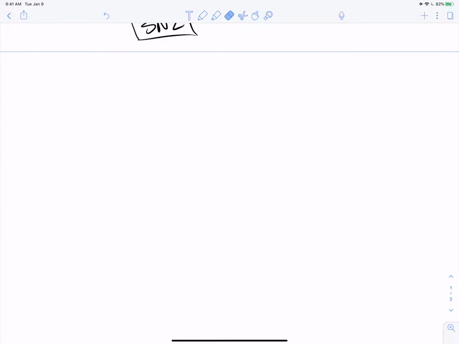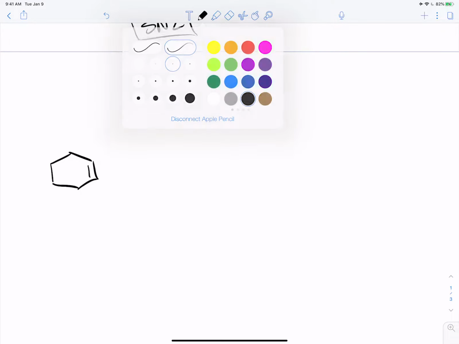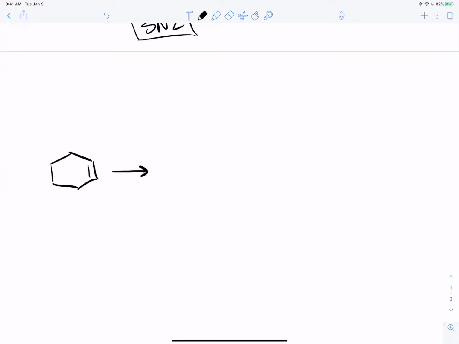Any strong nucleophile that we know from our chapter on substitution could conceivably be used to open up the epoxide. So if I were starting with an alkene and I wanted to do some chemistry on it, what I could do is convert it to the epoxide.